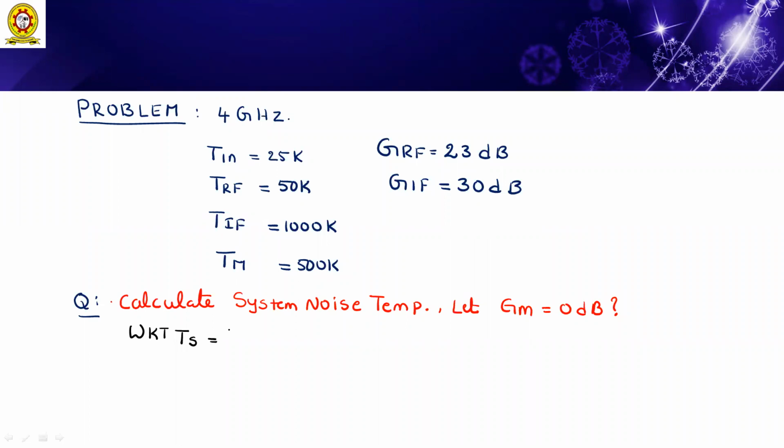So what is the formula we have? Just to recall the formula: TS equals T in plus TRF plus TM by GRF plus TIF by GRF.